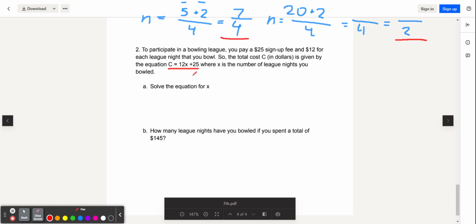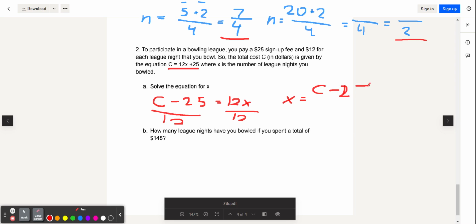So just like before, we first move the constant over, this time by subtracting 25 from both sides. Then we divide by the coefficient to isolate x, and here it doesn't really simplify neatly, so I think it is best to just leave it in this form as a fraction.